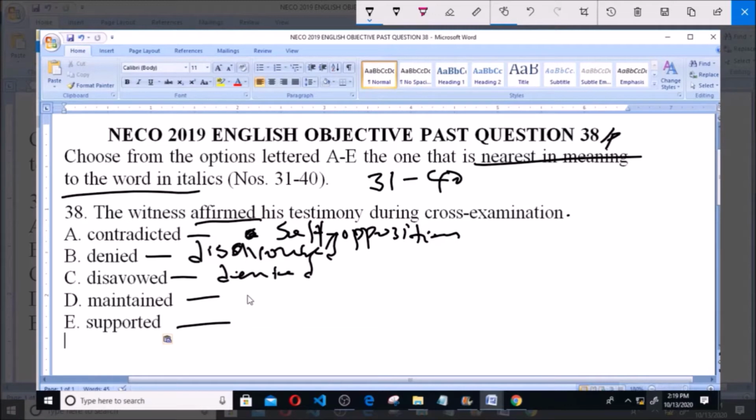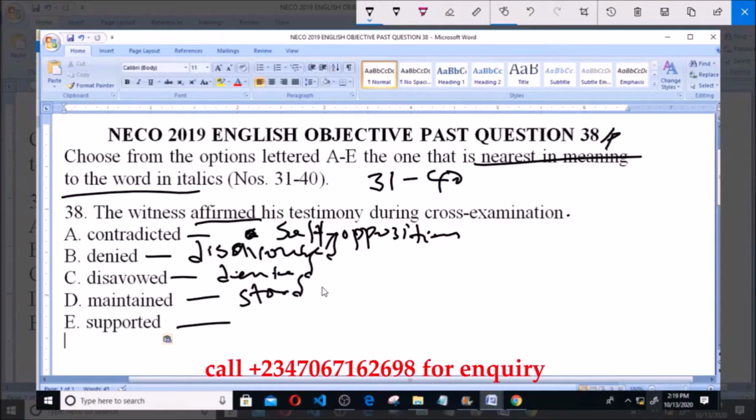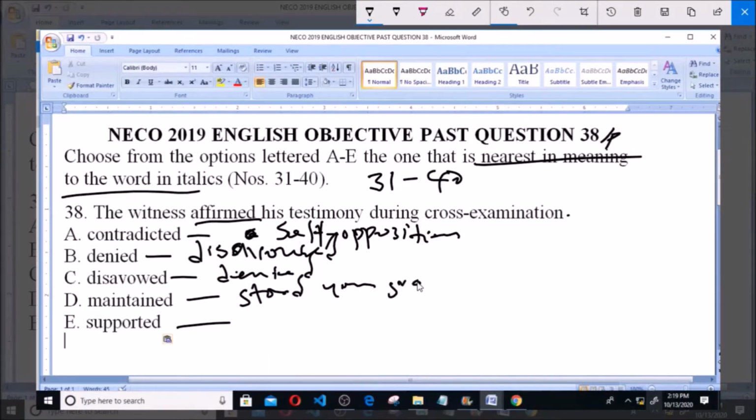Then when you maintain, it means that you stood your ground. That is, you maintain your ground.